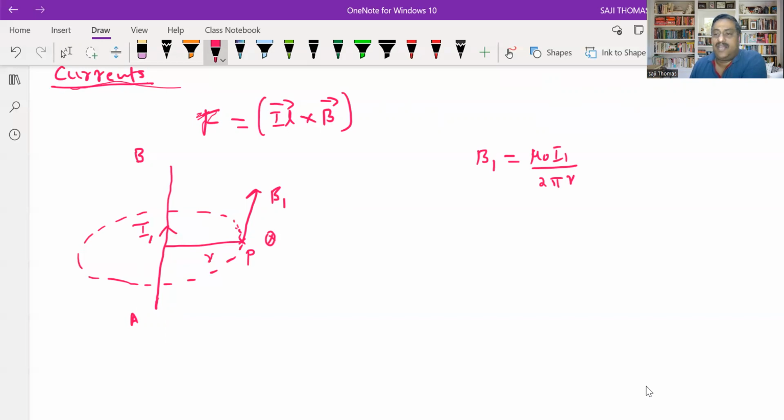Okay. Now I place the conductor CD in this magnetic field. I am placing a conductor CD parallel to this, in this magnetic field. So this is conductor CD. That is parallel to the conductor AB.